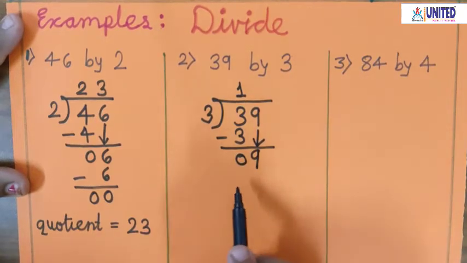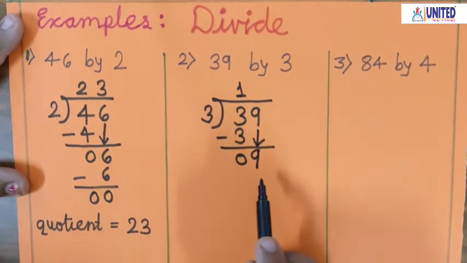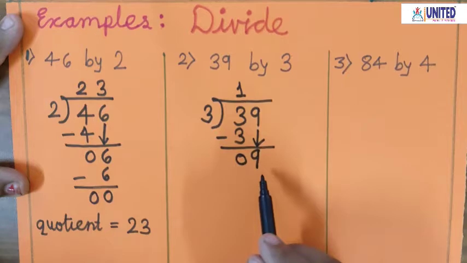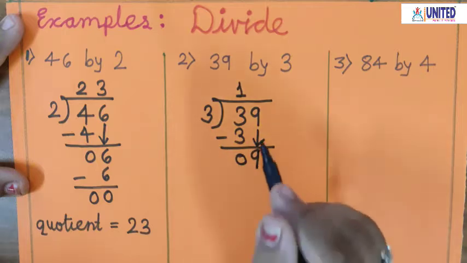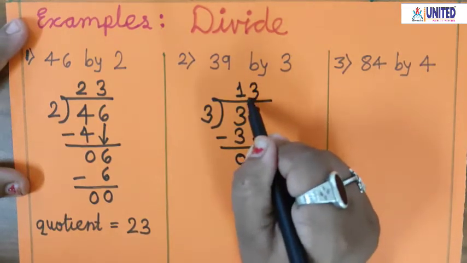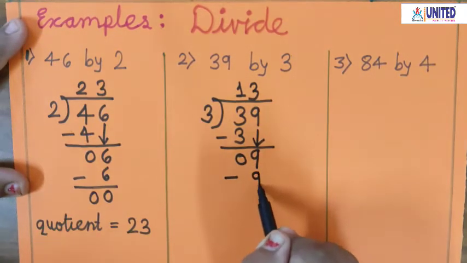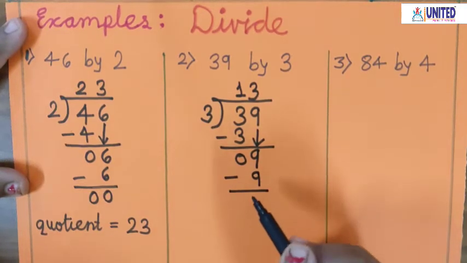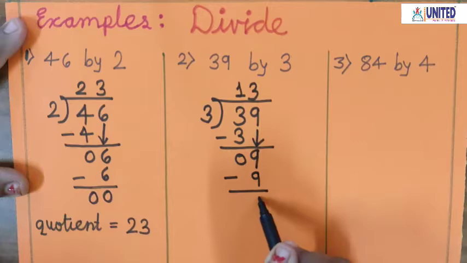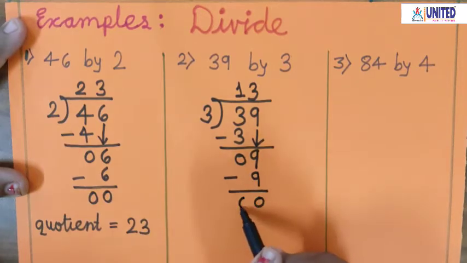Okay. Now which number is made here? 0 9, that means 9 only. So does the 9 come in the 3 table? Yes. At which place? 3 3s are 9. So we write 3 3s are 9. You have to write down the 9 exactly downside of the above 9. Right? Now 9 minus 9 is 0. 0 as it is.